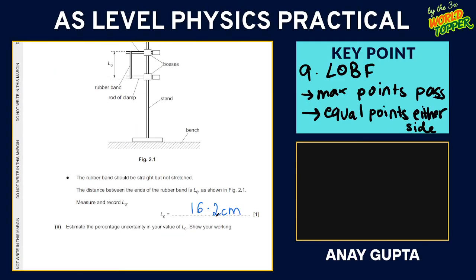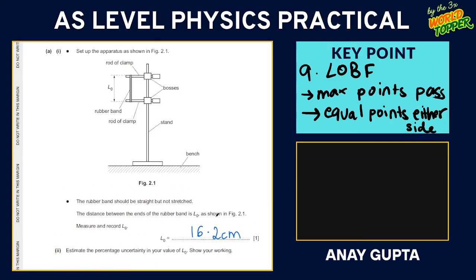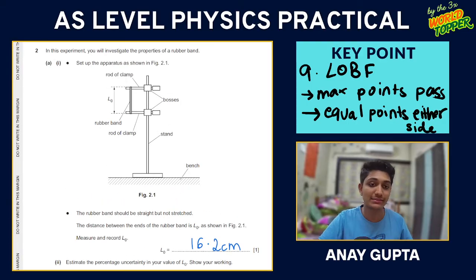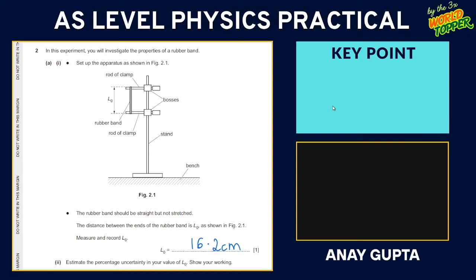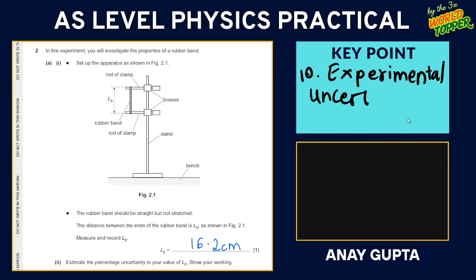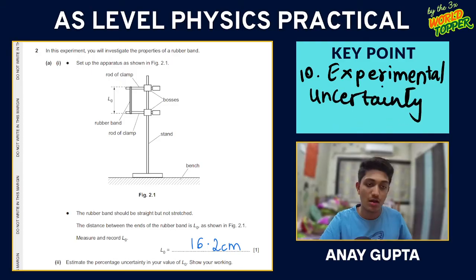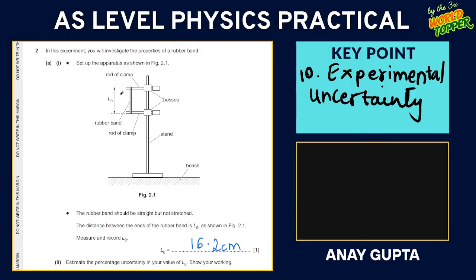Now, estimate the percentage uncertainty in your value of L0. Now, this brings us to our next key point, that is accounting for experimental uncertainty. Okay, so when you measured this L0, you used the ruler, right?